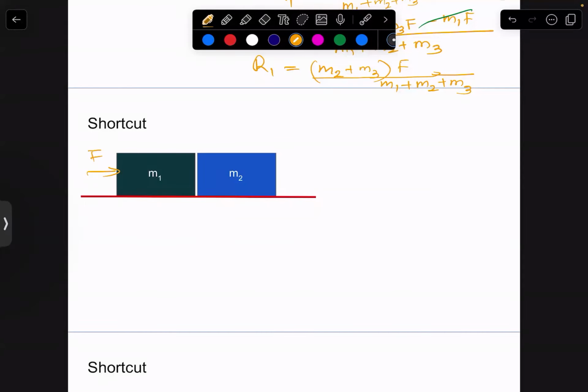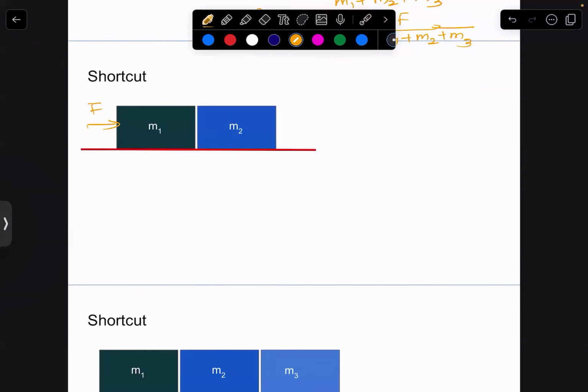So how to find this thing? Net force equals mass times acceleration, and force is equal to M1 plus M2 times A, and A equals F by M1 plus M2. So you got the acceleration of the system. Now you have to find the reaction force.